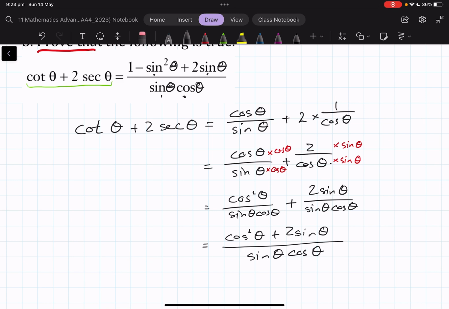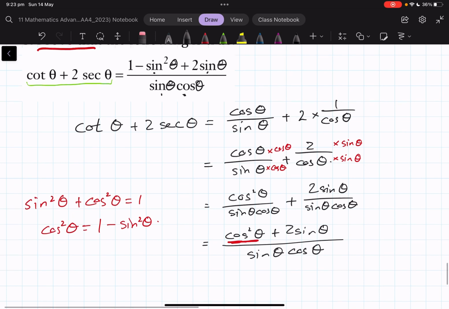Almost there. The final part is to use this thing. And from our identities before, I'll just put over here, sine squared theta plus cos squared theta is equal to 1. So cos squared theta is equal to 1 minus sine squared theta if I rearrange that.